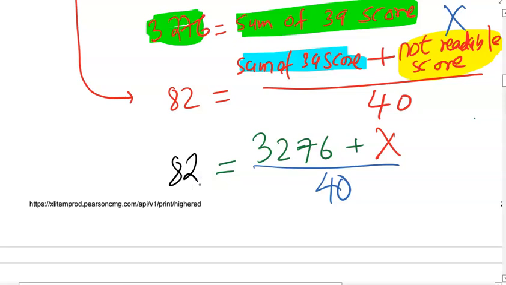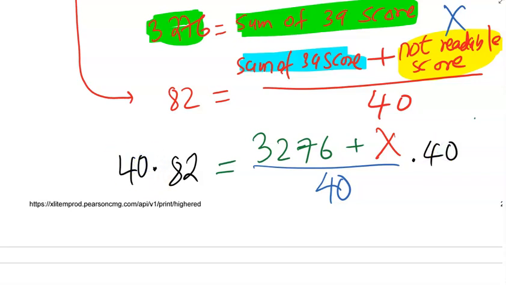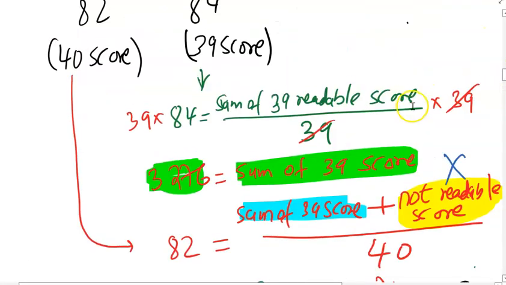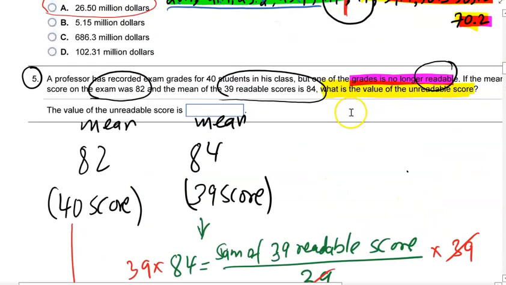Now you multiply both sides by 40 to clear the 40 in the denominator. What is 40 times 82? 3280 equals 3276 plus X. That's what I'm looking for. X is the not readable score, and the question is what's the value of the unreadable score?